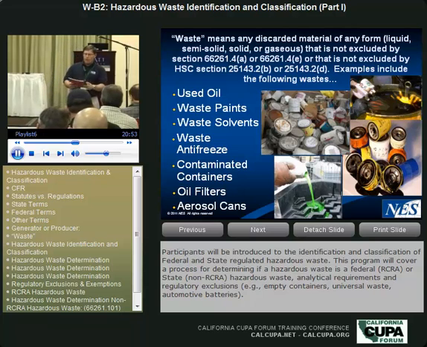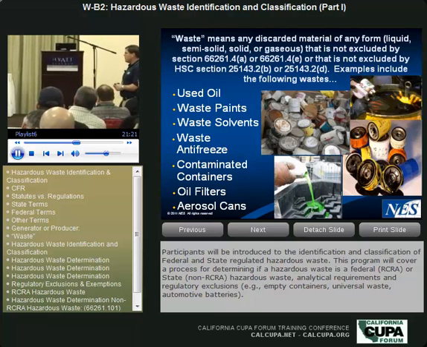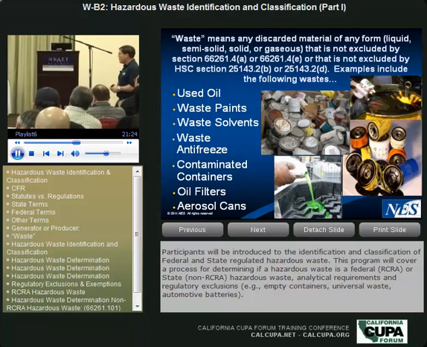And then in your handout, on the first several pages after your red slip sheet, I list kind of an overview of hazardous waste management, and on the bottom of the first page and on the top of the second page, I give you the California definition of what a waste is, and then eventually I'm going to define what a hazardous waste is. So waste, by definition, means any discarded material of any form, liquid, solid, semi-solid, gas, or sludge, that is not excluded by Section 66261.4(a) or (e), or that is not excluded by the Health and Safety Code.